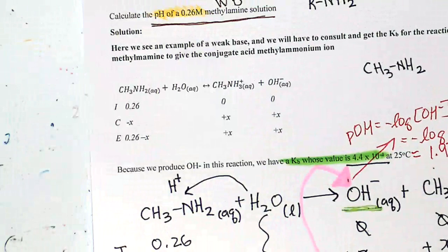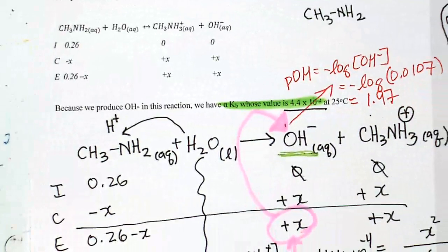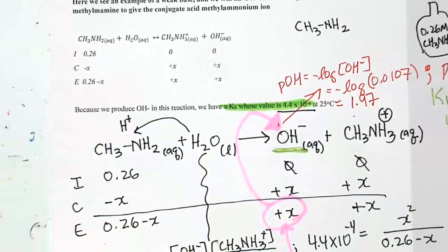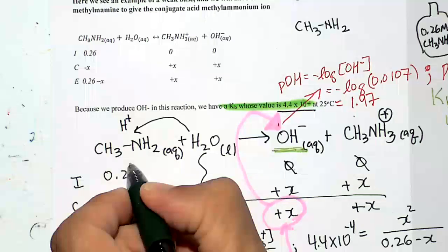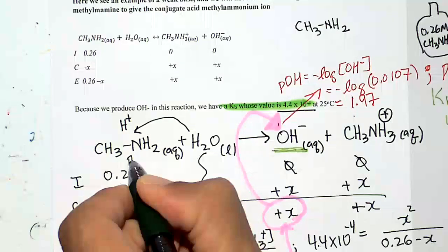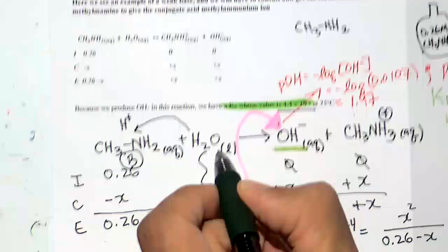By the way, let me go back to this problem here on page 15 for a second. On an exam, if I give you this equation, what would be the acid and what would be its conjugate base? Which one here is the acid and which one's the base? This is the base.